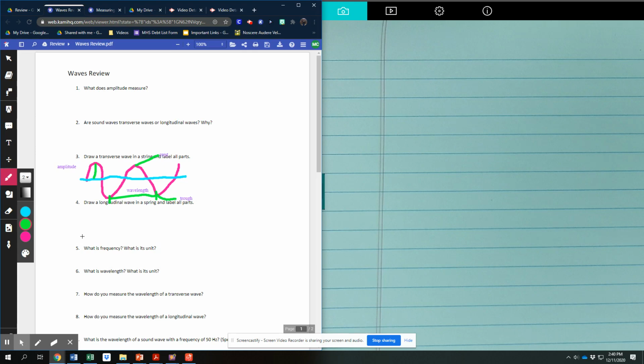Next, we want to draw what a spring would look like, a longitudinal wave. On a longitudinal wave, we've got spaces where they spread out, and then they get in tight together, and then they spread out, and then they're tight together.